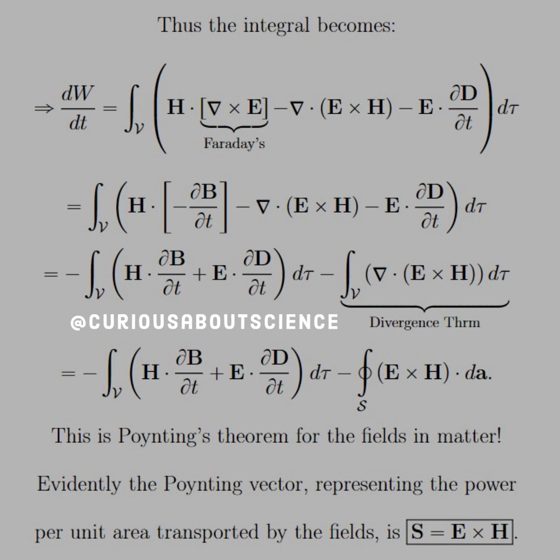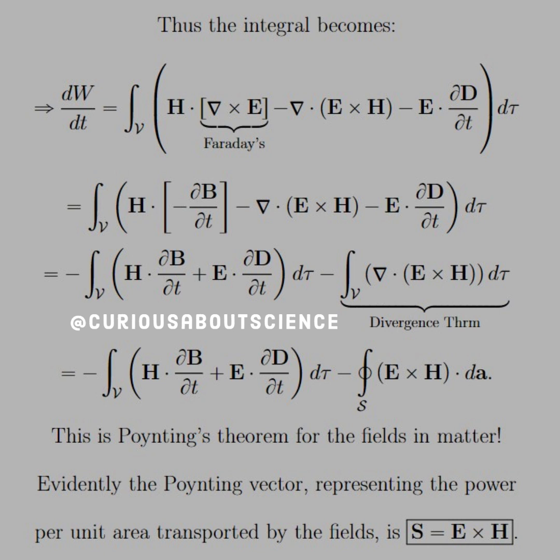But we know Faraday's law gives us the curl of E is equal to negative partial time derivative of B. So we can plug that in, and we see here that we have another time derivative, so we'll put the time derivatives together, factoring the negative out front. We split up the integral with the divergence of E cross H, apply the divergence theorem on that second integral, and get that down.